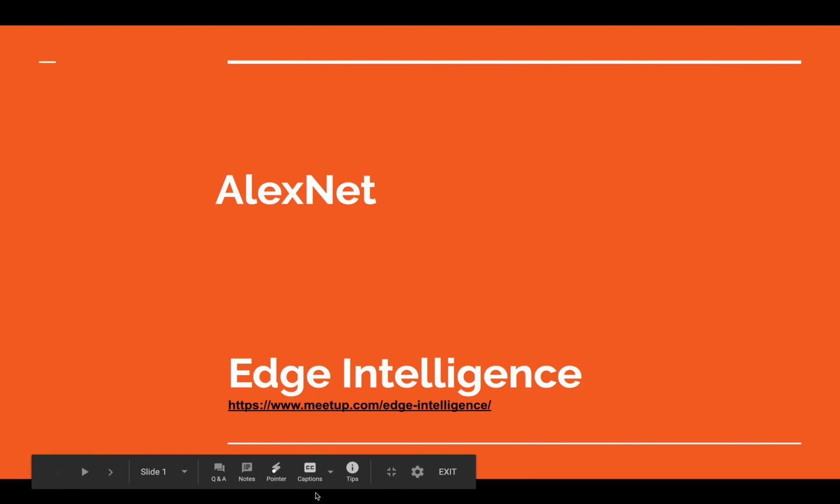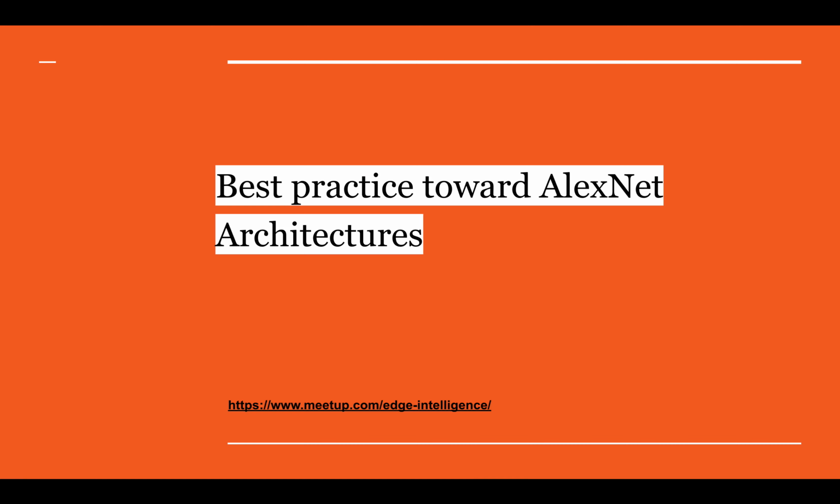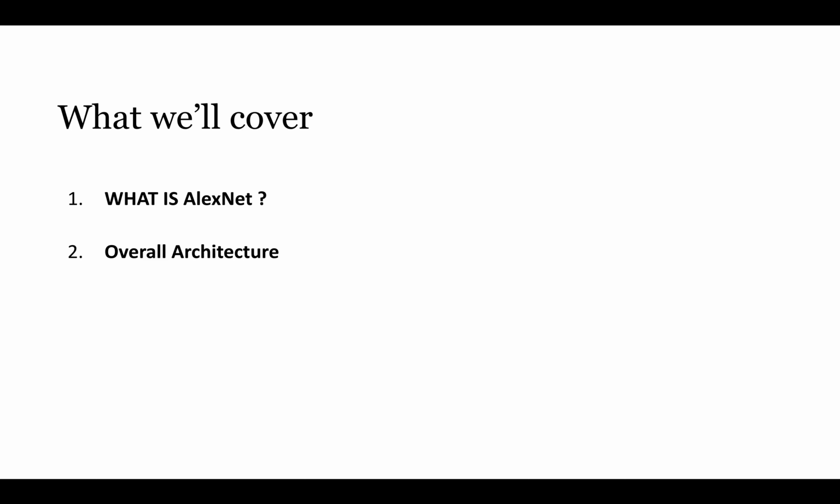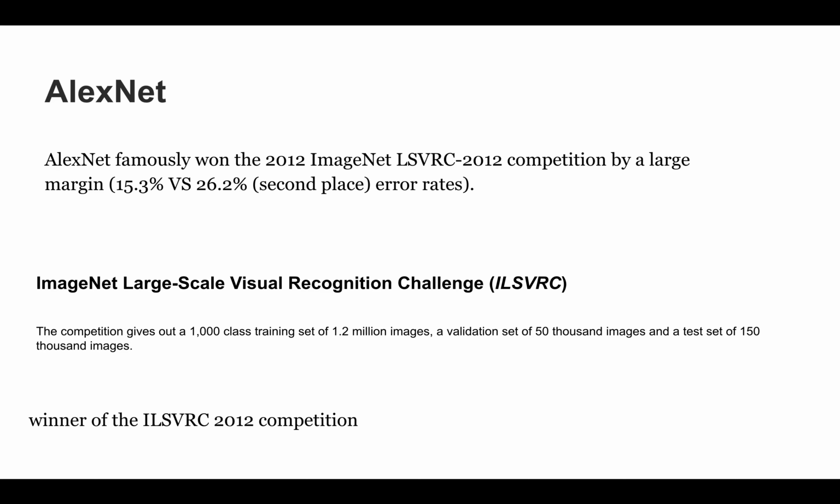We're going to discuss AlexNet and its architecture. AlexNet famously won the 2012 ImageNet LSVRC competition by a large margin, with a 15.3% error rate versus 26.2% for second place.